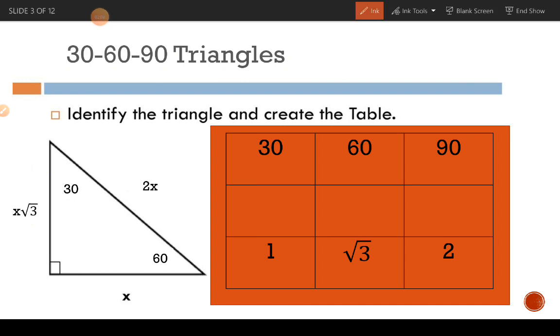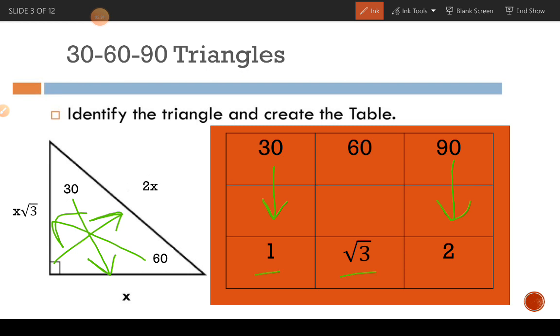The 30, 60, 90 table is very similar. Again, we have a 30, 60, 90 triangle here. The x, the 1, is always across from the 30, and the 2, 2x, is always across from the 90. And then the x radical 3 would be across from the 60.